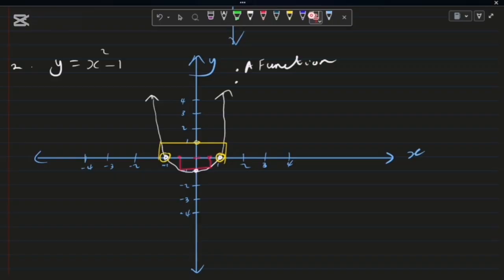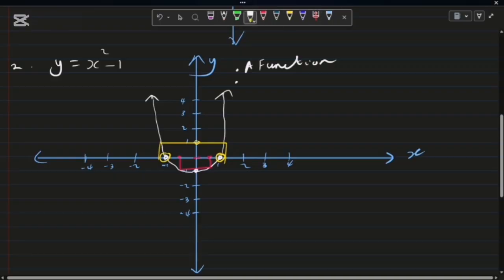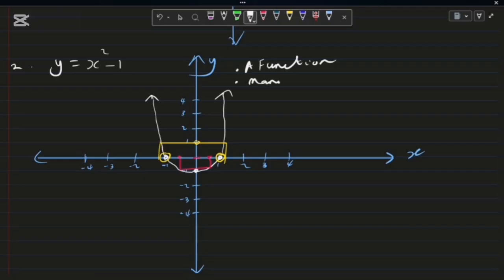The relationship that we have here is what we call a many-to-one relationship. In other words, many x values are associated with one y value.